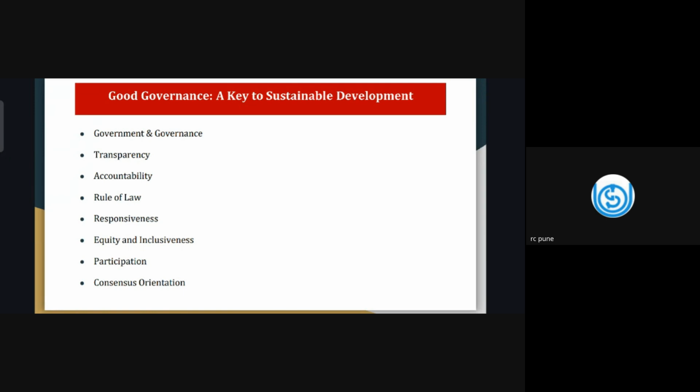All the people just now which I named are part of the government, and further all the activities, all the actions of this government is known as governance. Okay, all the actions which are taken up by the government, all those things are governance.